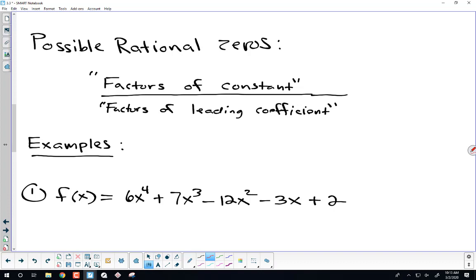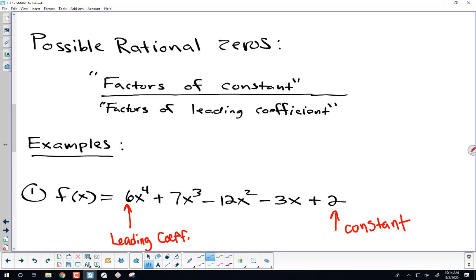So for instance, in this example, the 6 is the leading coefficient. The positive 2 is our constant. So in order to come up with a list of possible, now keep in mind that's the key operating word here, these are possible rational zeros.